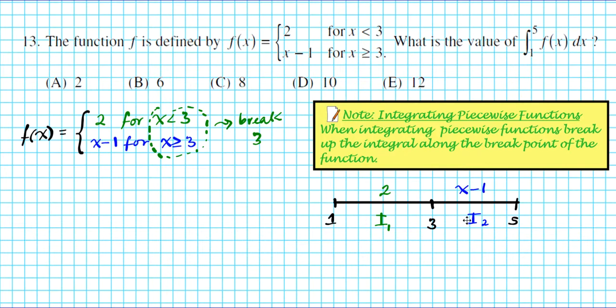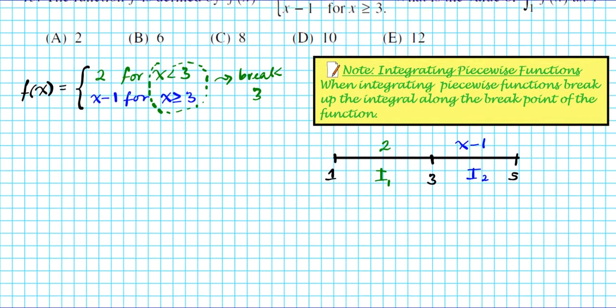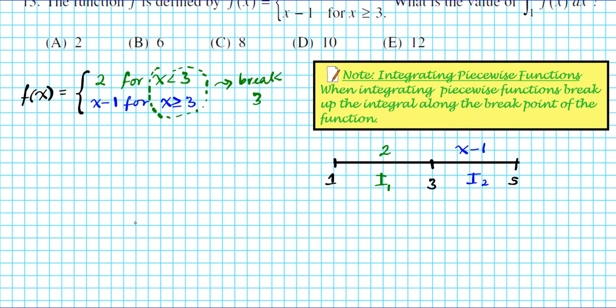So what does this setup tell us? It tells us that the definite integral from 1 to 5 of f of x dx has to be broken along the breakpoint, which is at 3.